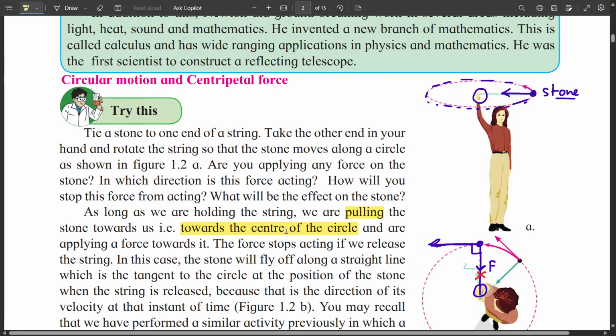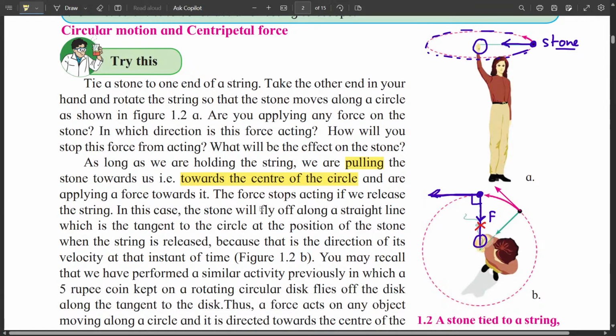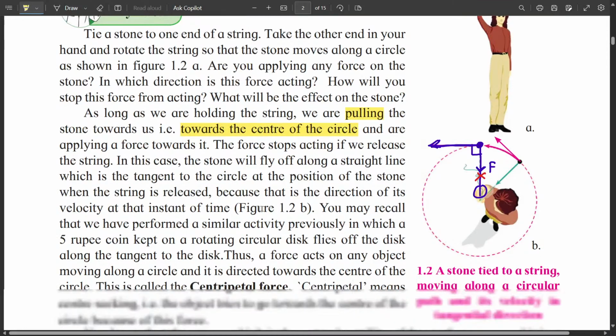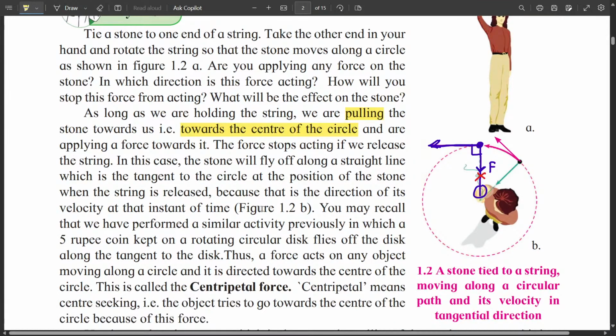So from that we come to the conclusion that for keeping the stone in circular motion, we must apply a force on it, and the direction of the force will be towards center of the circular path.